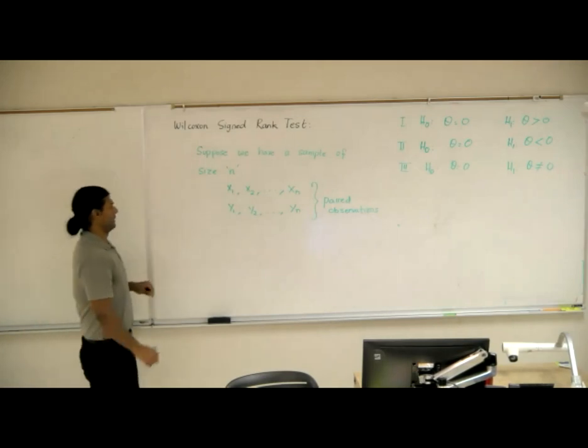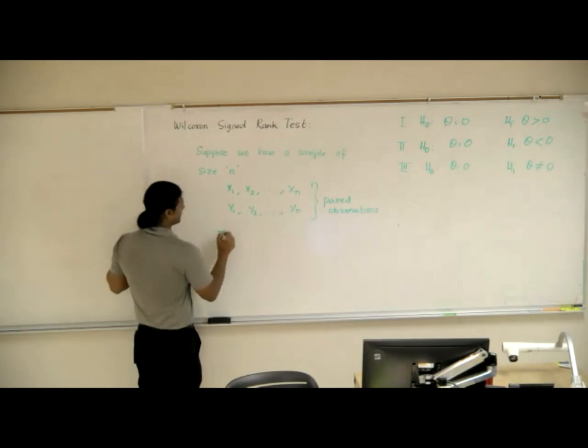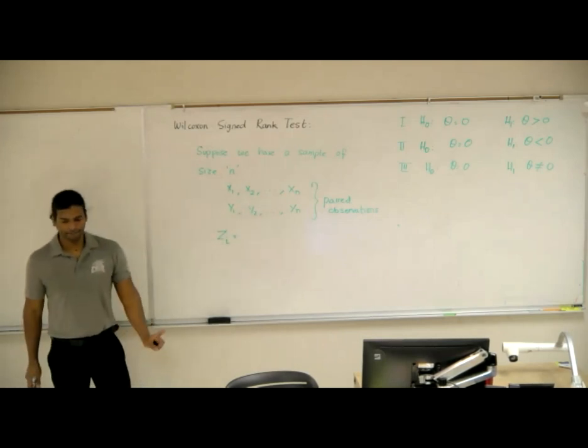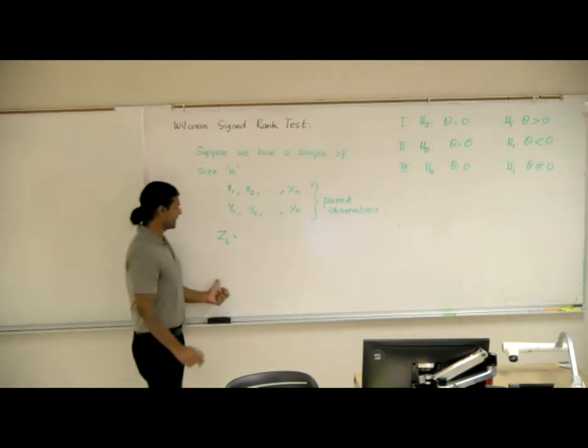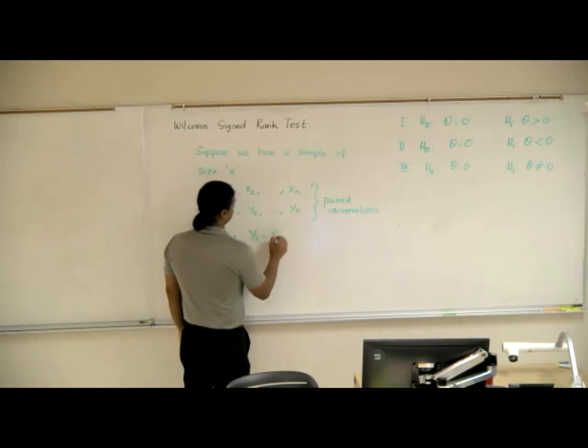Now I'm going to come up with Zi, for i equals 1 to n. Going to define Zi to be yi minus xi.